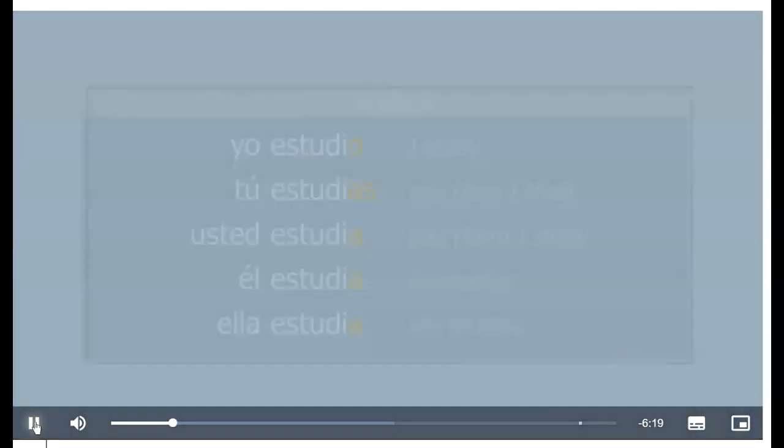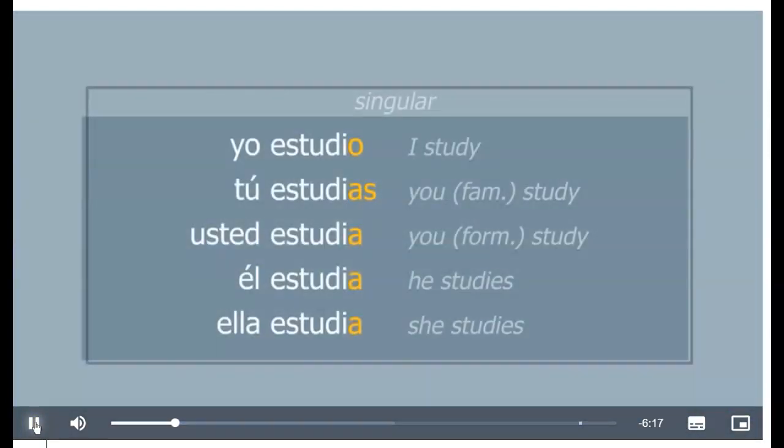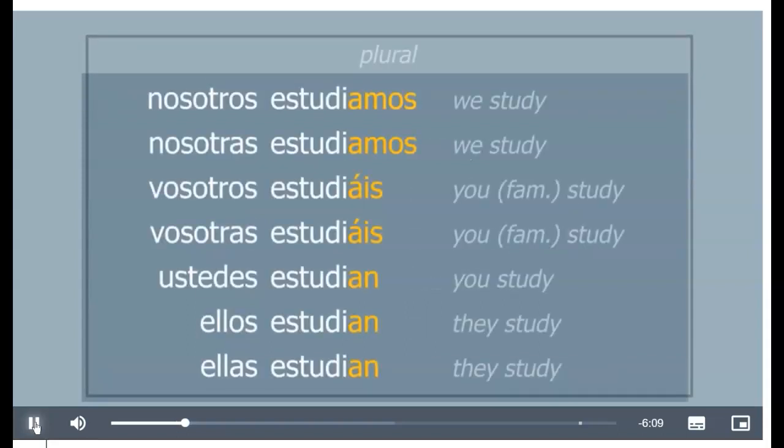Take a look. Yo estudio, tú estudias, usted estudia, él estudia, ella estudia. Nosotros estudiamos, nosotras estudiamos, vosotros estudiáis. Now remember, we do not learn the vosotros forms.